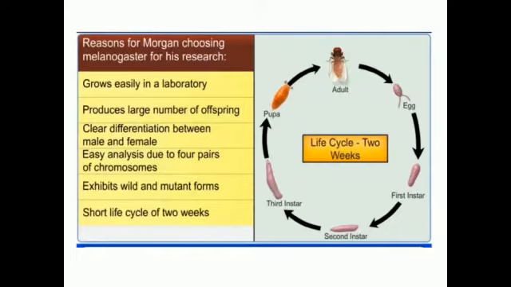Next, the reason Morgan chose Drosophila melanogaster is that these flies show several variations which can easily be seen through a low power microscope, so it helped Morgan to study their several generations.